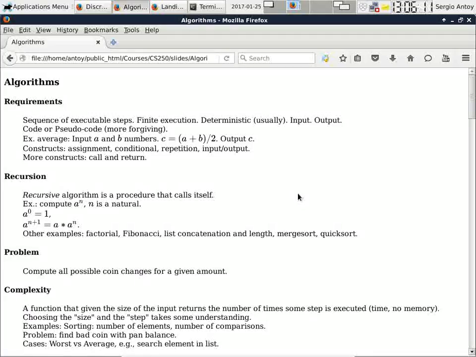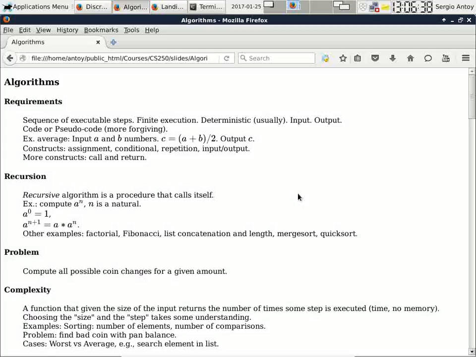And so here there is an algorithm to compute a power of some number, where the exponent is an integer. And so we write it with those two lines. You can write it the same in your favorite programming language. And so let's try to understand that. What does it say?